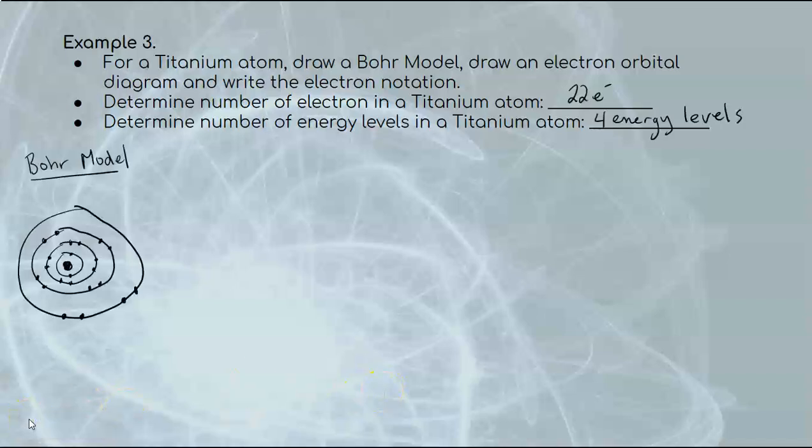Okay, so titanium has 22 electrons, and it goes all the way up to the 4th energy level, and I determined that information from looking at the periodic table. So here's what a Bohr model could look like for titanium. I have 2 electrons on the 1st energy level, 8 on the 2nd energy level, 8 on the 3rd energy level as well, and then 4 on the 4th energy level.